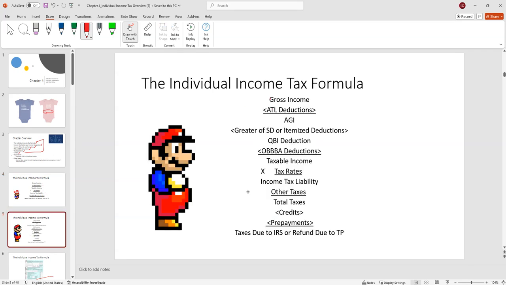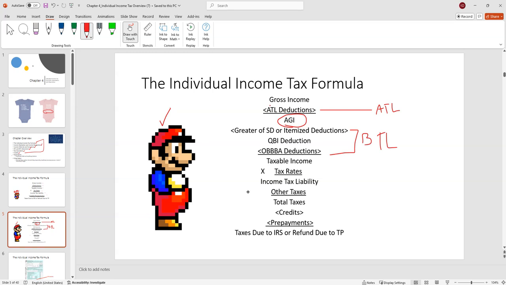Now we're going to give Mario the mushroom. He gets bigger, he becomes Super Mario. Those deductions, we're going to break those out between above the line up here and below the line down here, where the line in question is this AGI.